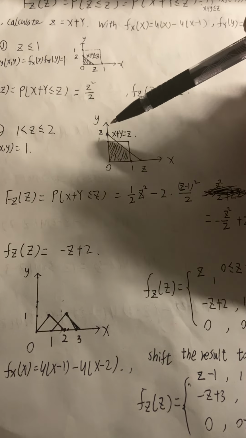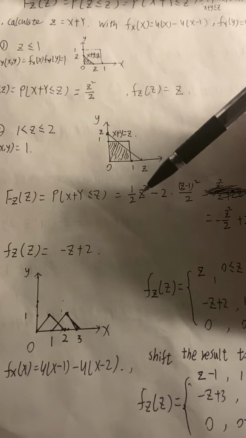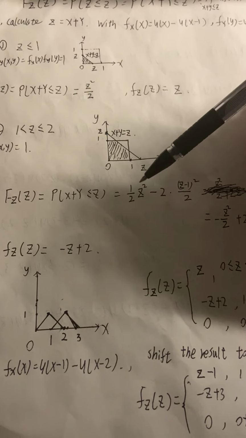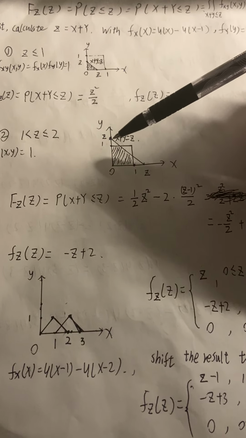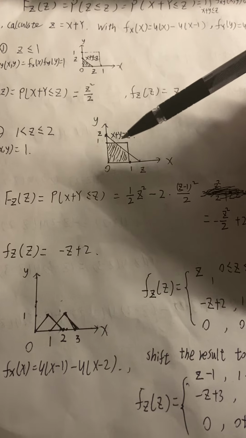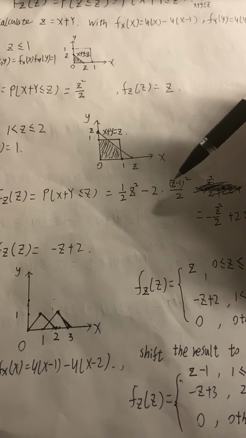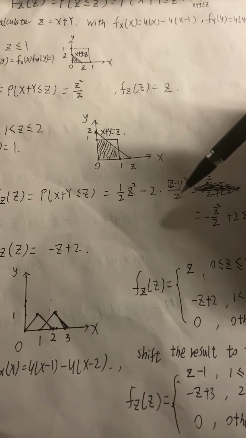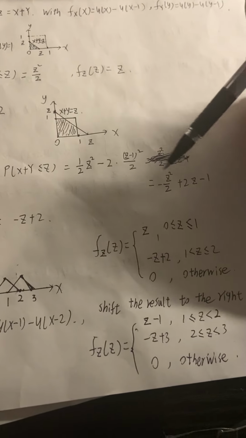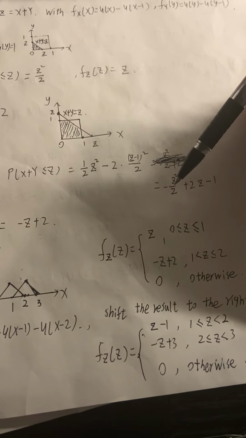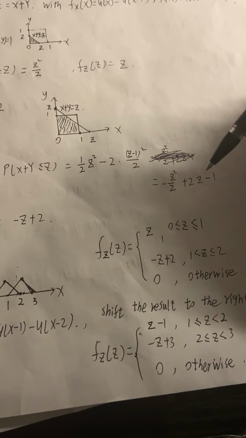We can calculate the area of the big triangle first, which is 1/2 times z squared, and then we subtract the area of these two small triangles, which is 2 times (z-1) squared divided by 2. So the distribution function of Z will be negative z squared divided by 2 plus 2 times (z-1).